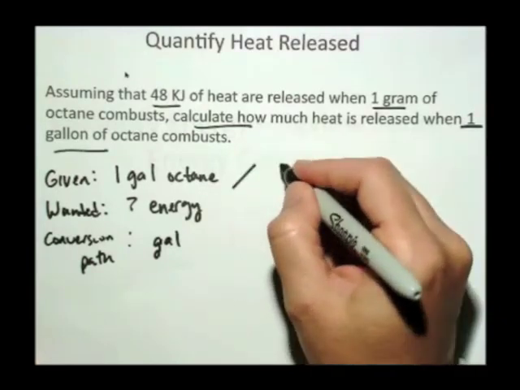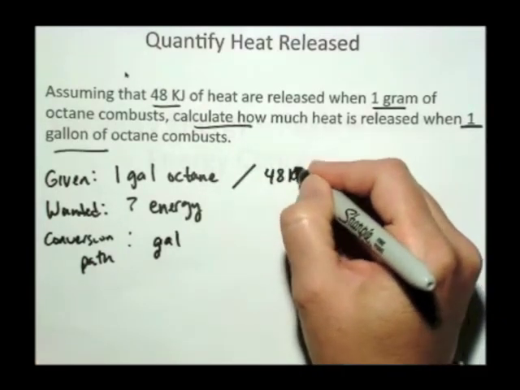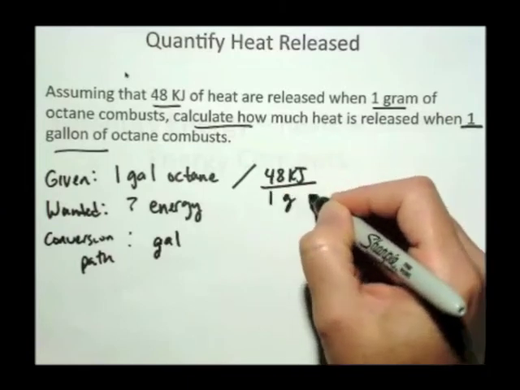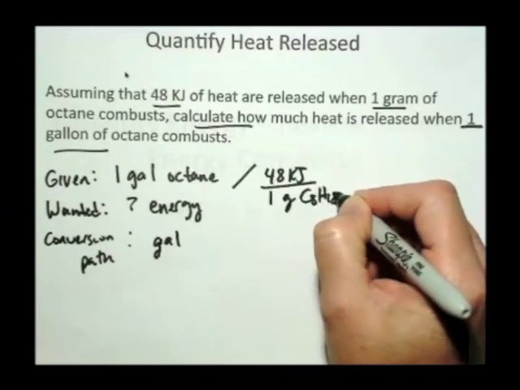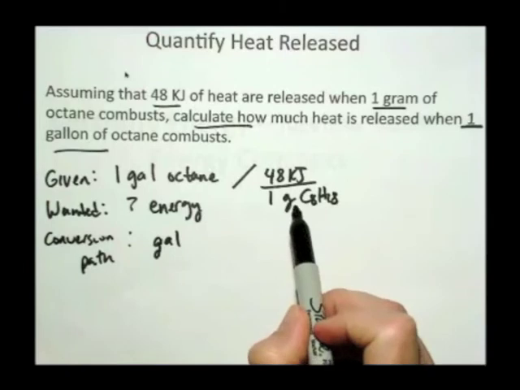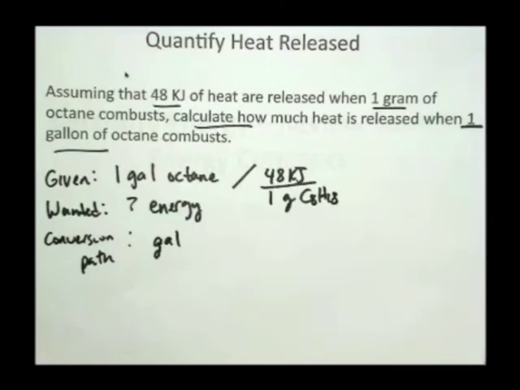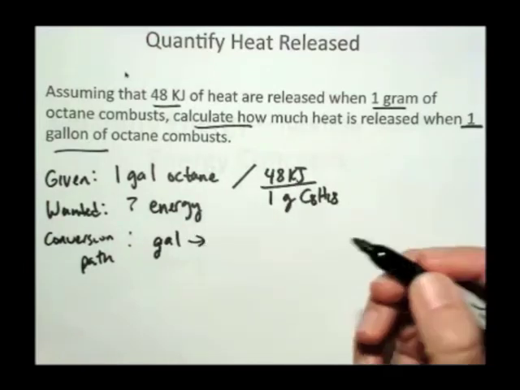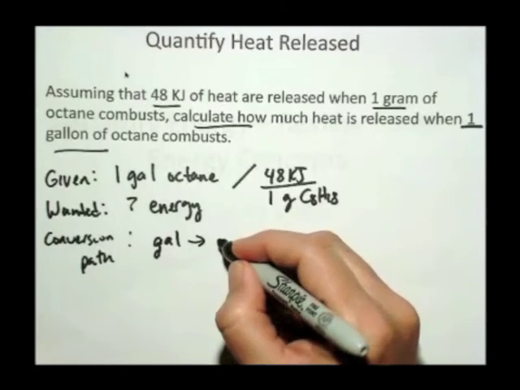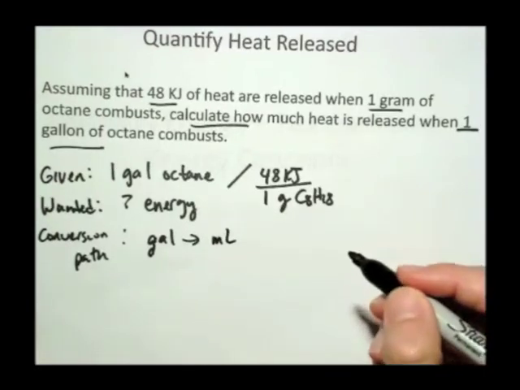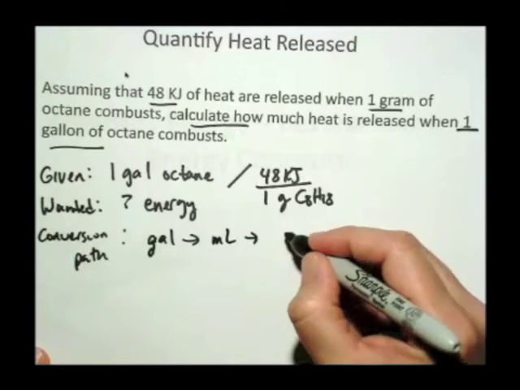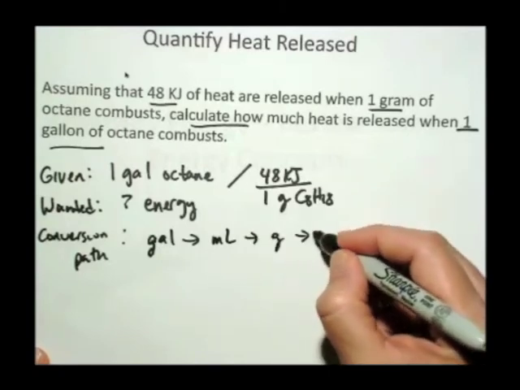So it's also given that 48 kilojoules of heat energy is released for every 1 gram of octane that is burned. So we know if we can figure out the mass, we ought to be able to figure out the kilojoules. So we need to convert from gallons to a metric volume unit to grams to kilojoules.